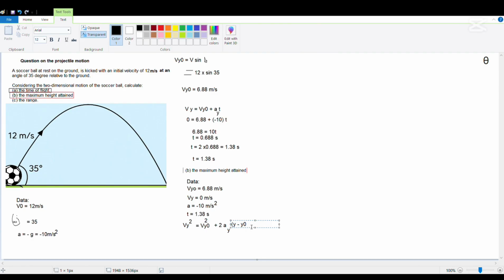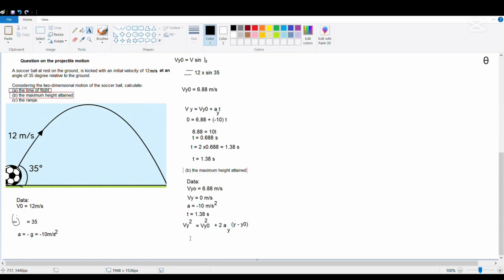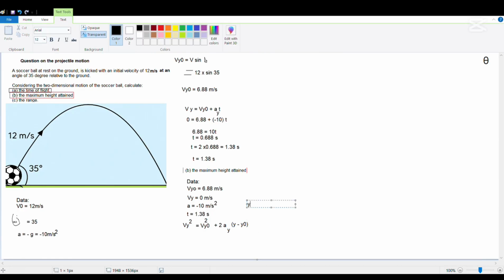Okay, so that's done, and we just have to substitute the values. So 2as is basically 2a times y minus y naught. Now if I name y minus y naught as s or x or h, it will be easier to substitute here.